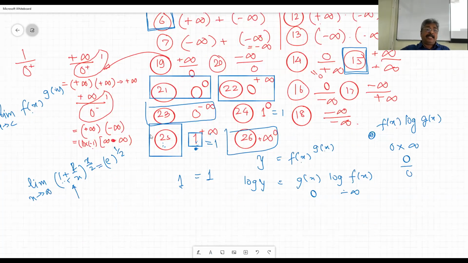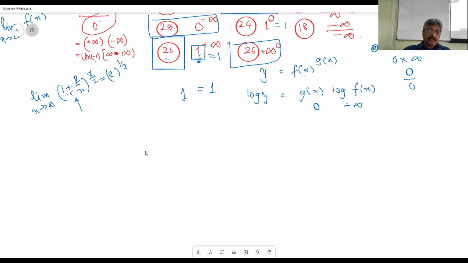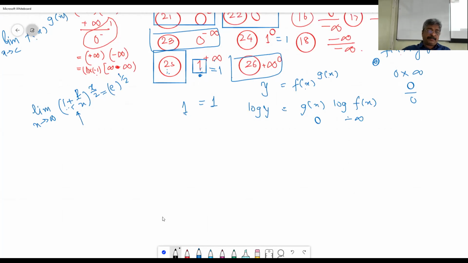So I will create a list of indeterminate forms which you should remember. There are a total of 7. This is the list of indeterminate forms. Any problem where you find difficulty in evaluating the limit will be one of these. First, 0 upon 0.